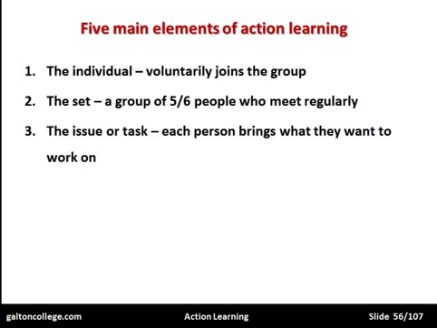And then take an issue or task, and each person brings what they want to work on. What's their issue? So you might have 5 or 6 issues which will need prioritizing, and there'll have to be some sort of consensus and agreement between the members of the group that these are the issues and this is what we'll work on and this is what we'll think about.